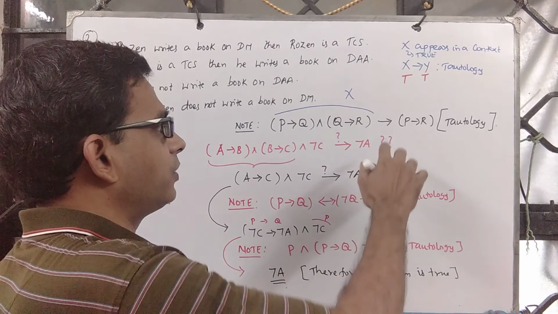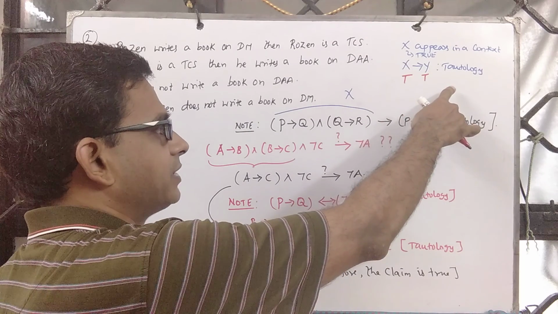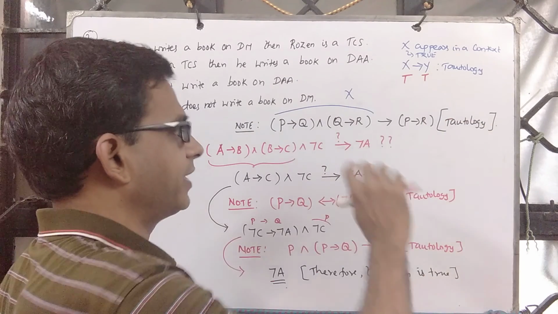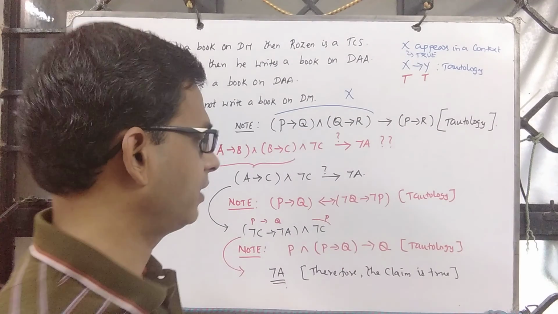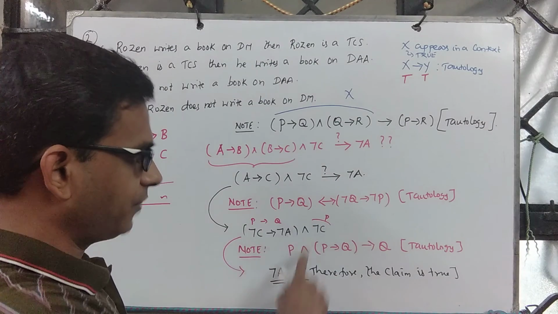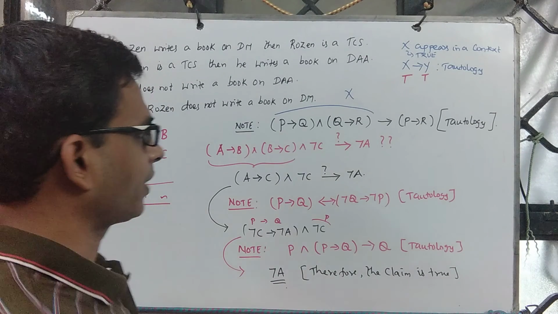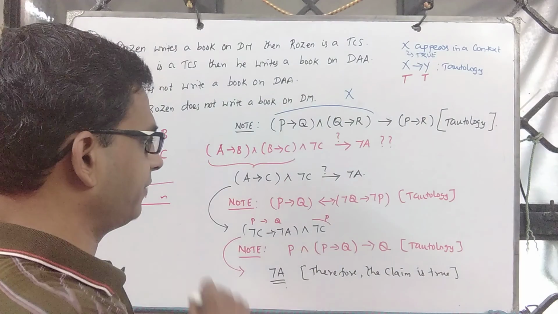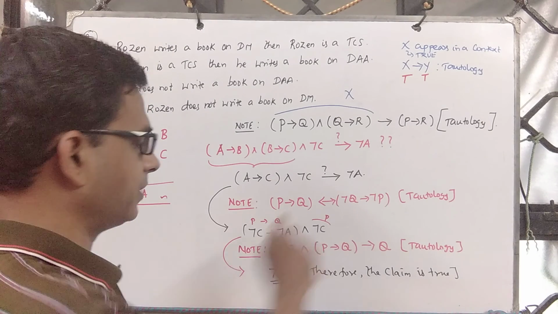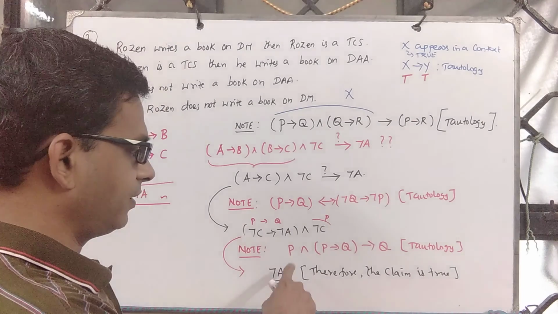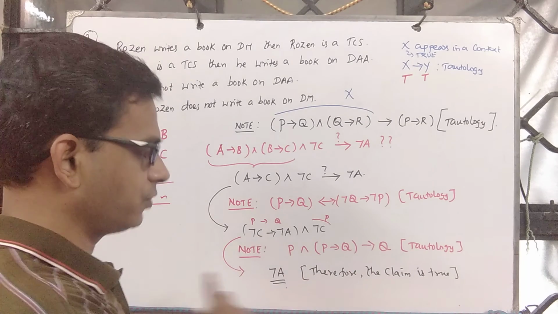If you reason it out, X appears, so it is true, and we know that X implies Y is a tautology, therefore Y has to be true, so you can always replace that with Y. That's precisely what we have done at each of these places. Here is one rule using which we have simplified, and then we have used the contrapositive to simplify further. Then we have used this rule, P and P implies Q, to simplify further.